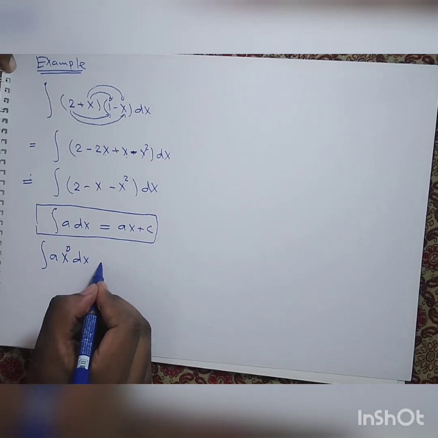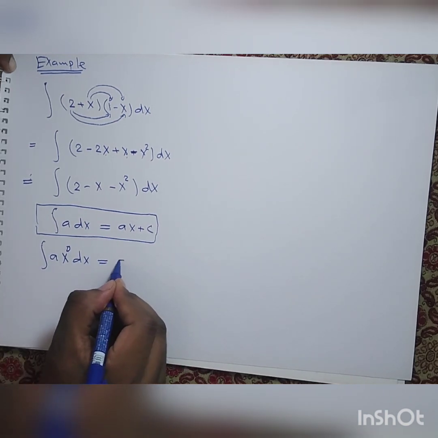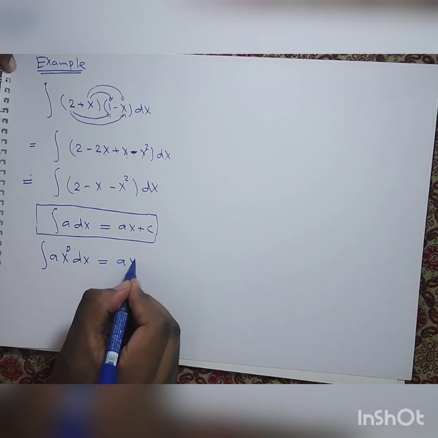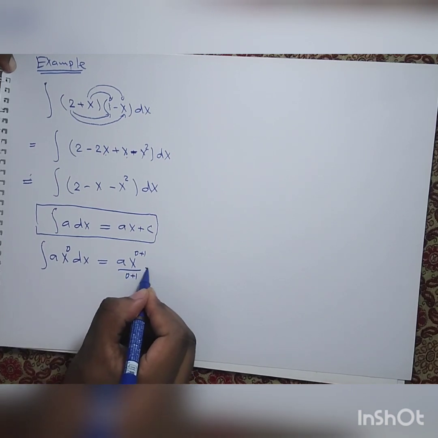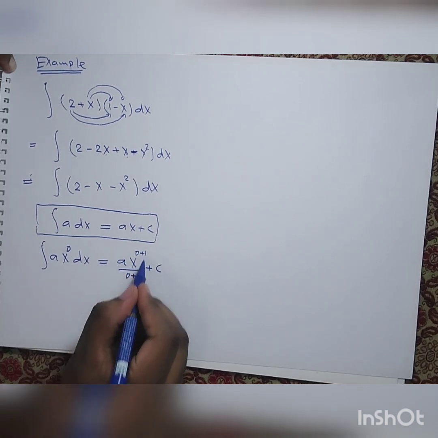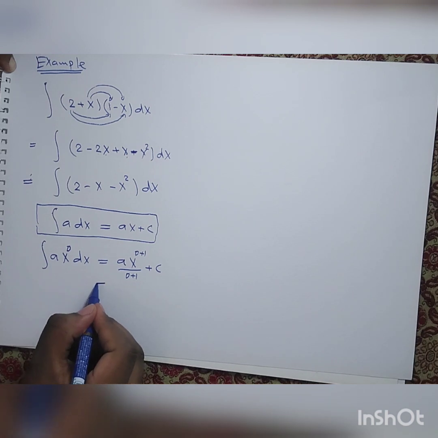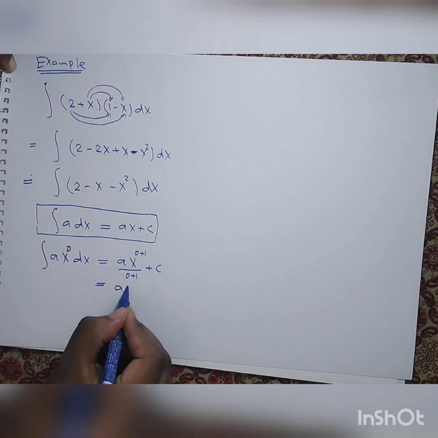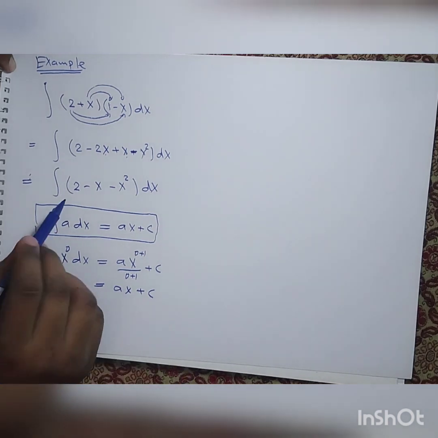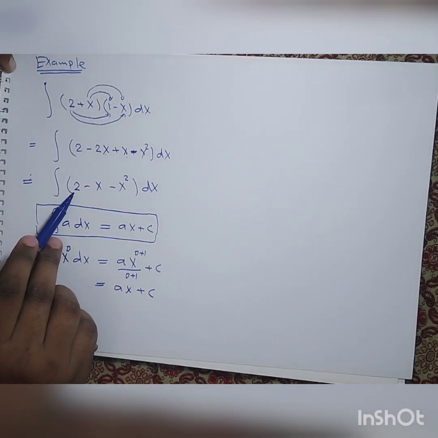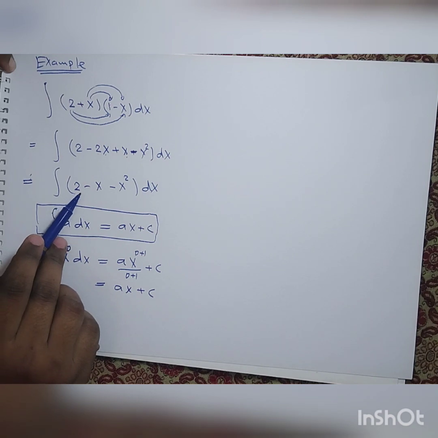And then that will be equal to a times x to the power 0 plus 1 divided by 0 plus 1, which is the new power, plus a constant. And here that will be equal to ax plus a constant. So now this means the integral of 2 will be 2x.